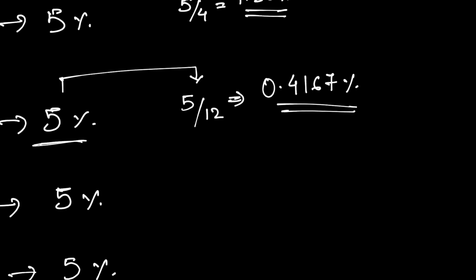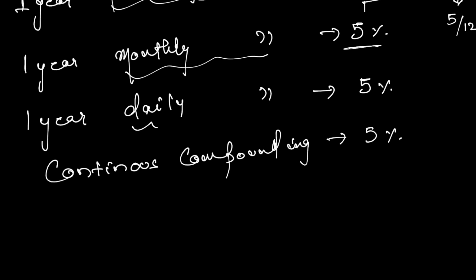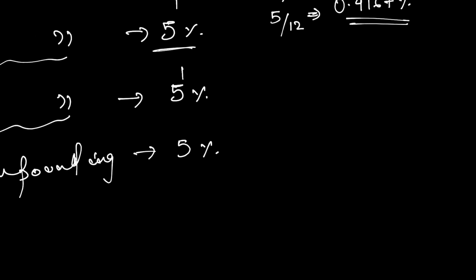This is the effective interest rate of 1 month. Similarly, if you have daily compounding, then the quoted rate has a hidden effective interest rate of 1 day, and it is given by 5 upon 365. Okay, this is super critical, super important.